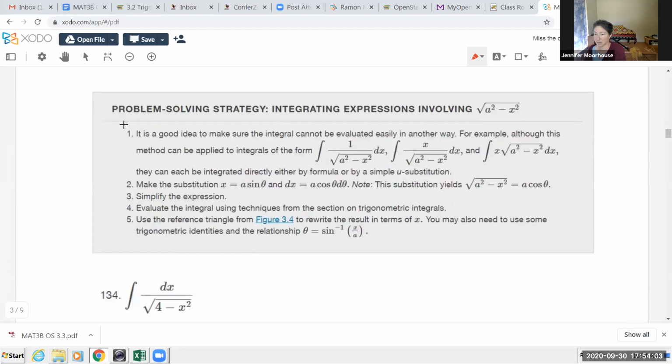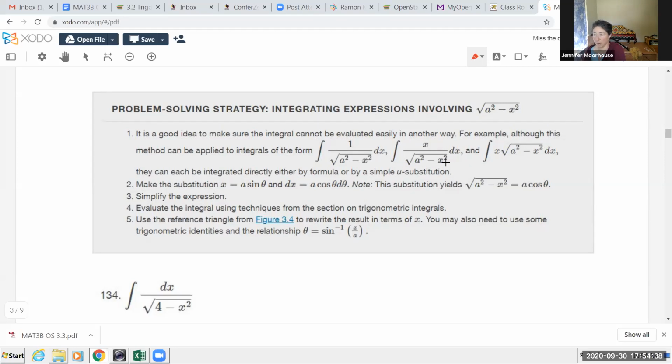So here's the basic idea, though. You see that square root of something squared minus x squared. You should automatically be thinking of a trig substitution, but you want to first just check that it isn't something simple that you already know. For example, this is just a simple u substitution, right? The integral of x over the square root of a squared minus x squared.